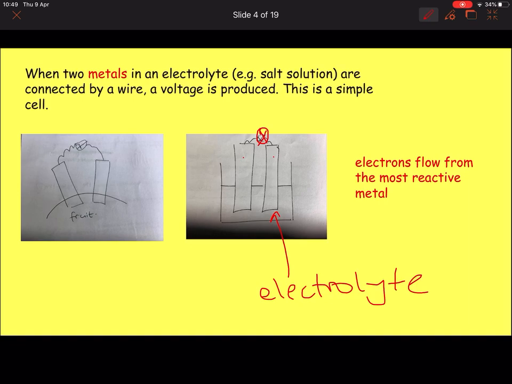So let's say in this one, if the most reactive metal was on the left, electrons would flow from the most reactive towards the least reactive. Same on here, electrons would flow from the most reactive to the least reactive metal. And this is the basis of generating electricity. Two metals of different reactivity and electrons flow from the most reactive metal.